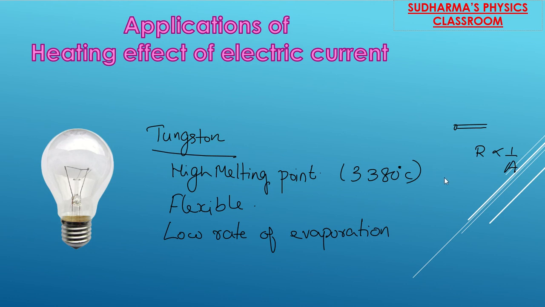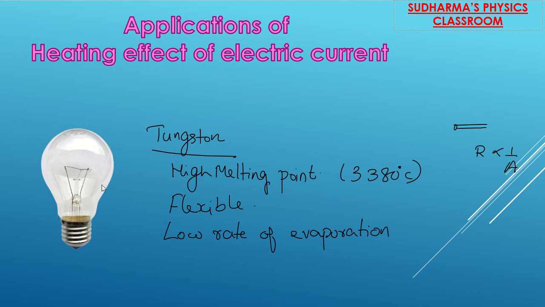So while making very thin filaments, we are increasing the resistance of that material. When resistance increases, according to Joule's heating, the heat will be more. So to make tungsten get heated up really fast, we need a material having high resistance. So we take tungsten as the filament of the electric bulb.